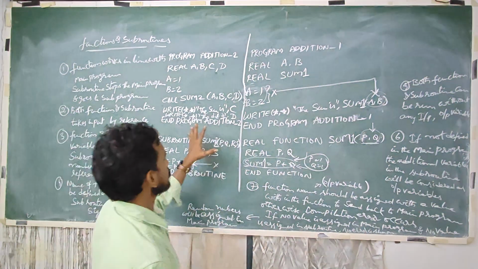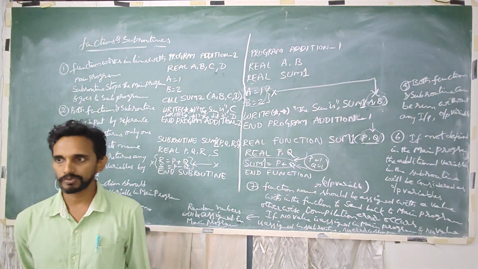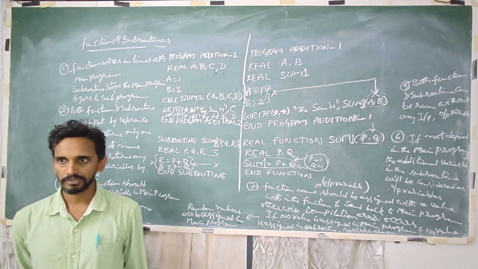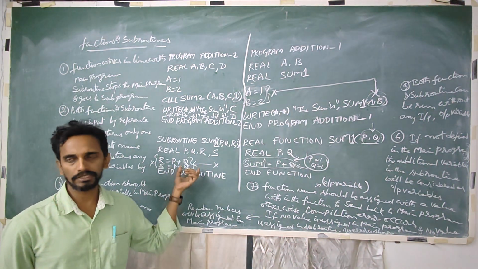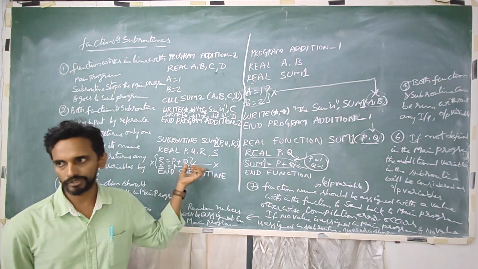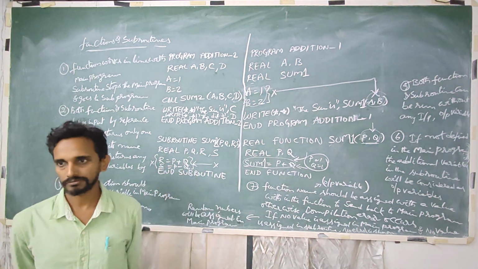So this subroutine has more flexibility as well as being more prone to errors. Because even if we don't assign anything, or if we miss and give some unknown variable here, it doesn't show any error.